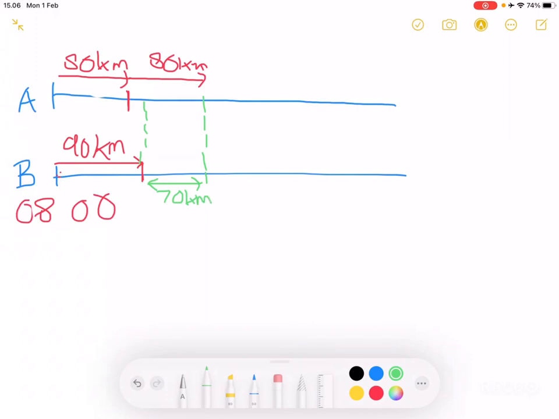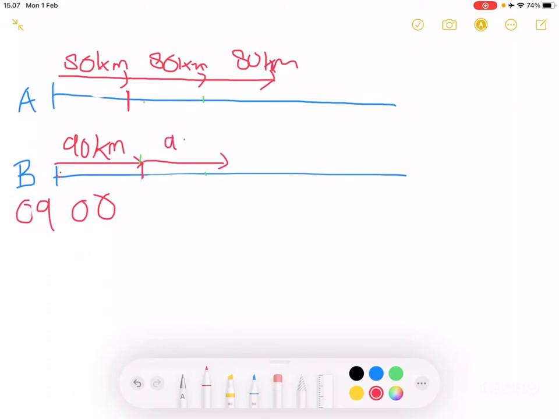So yeah, and then we can just do the same at 9 o'clock right here. I'll just erase this real quick, and car A will travel 80 kilometers, car B will travel yet another 90 kilometers, and therefore the distance reduces to 60 kilometers, and it's not hard to notice.